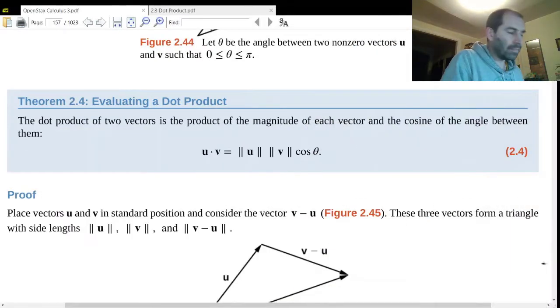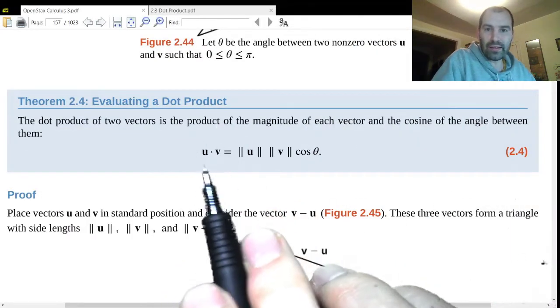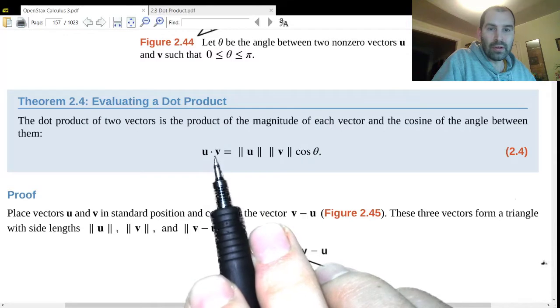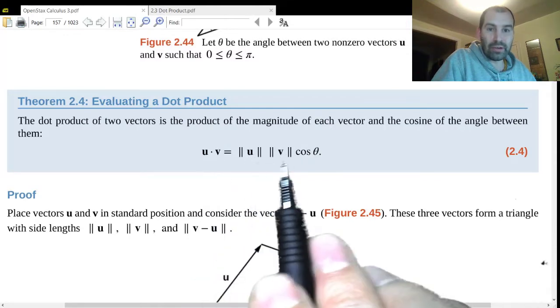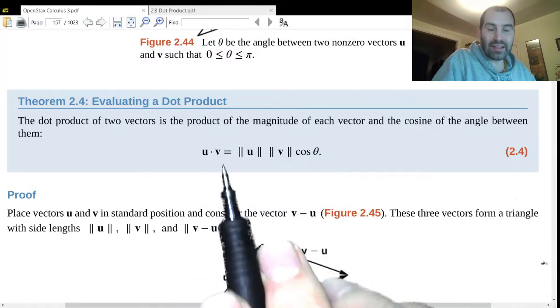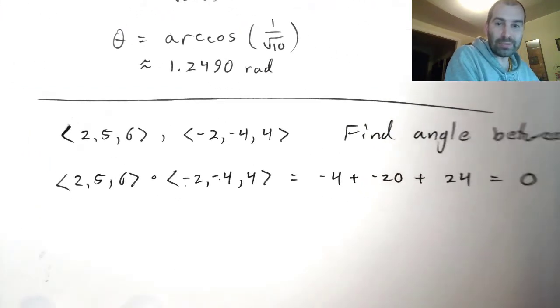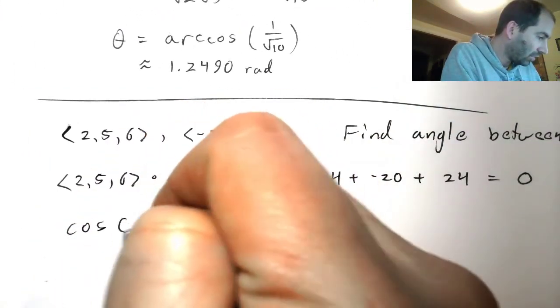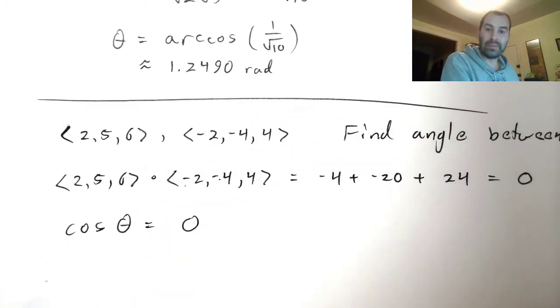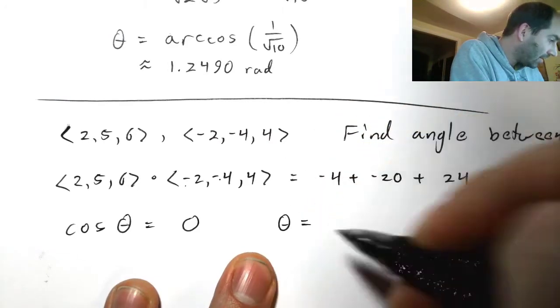If I look here, the left-hand side is 0. The magnitudes are not 0, so that means that cosine theta has to equal 0. So whatever the angle is between these, cosine of that angle is 0. Well, what angle between 0 and 180 degrees has cosine equal to 0? 90 degrees. So theta is equal to 90 degrees.